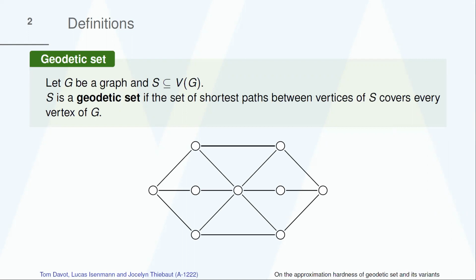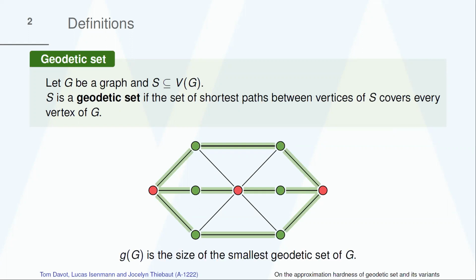So very important here: if you take those two vertices and the shortest paths between them, you will cover all those green vertices, but you didn't cover everything, so you need an extra vertex, for example this one, and that will cover the whole graph.